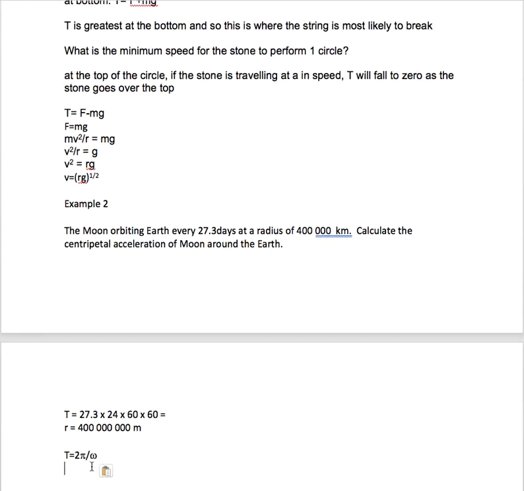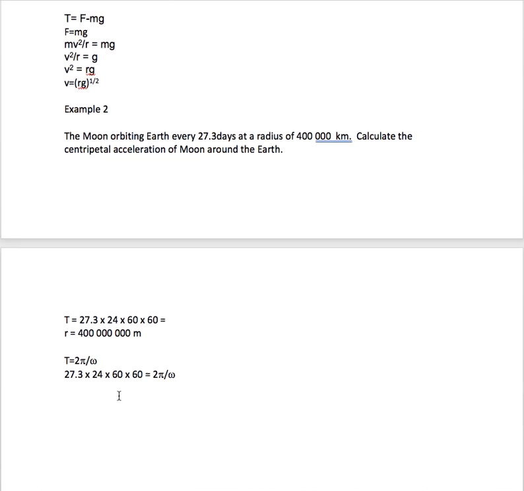So we've got our 27.3 times 24 times 60 times 60 equals 2 pi divided by omega, which gives us omega equal to 2 pi divided by all of that.